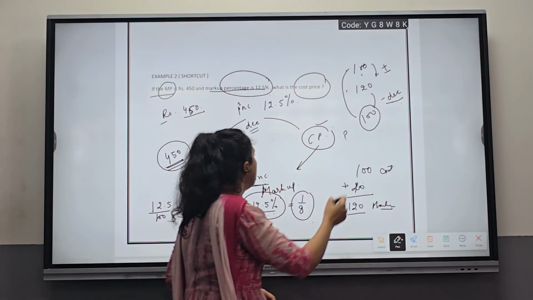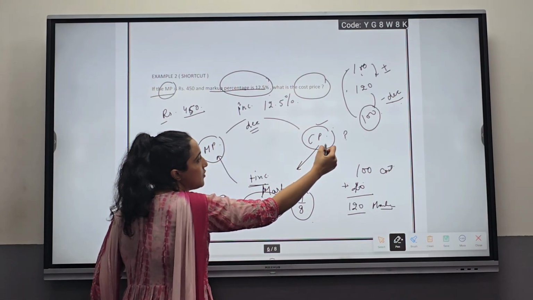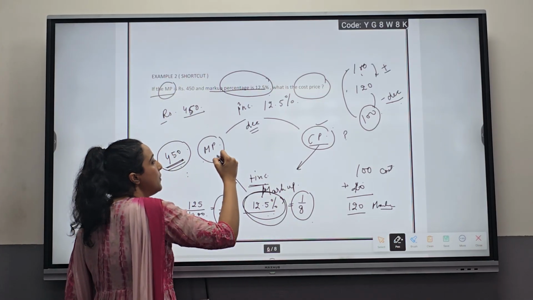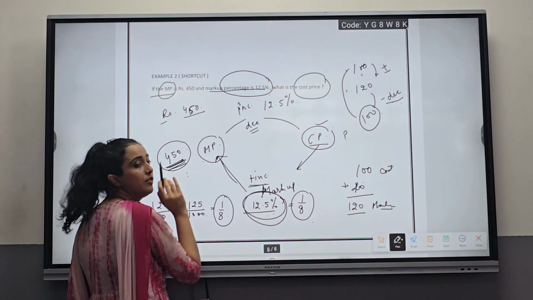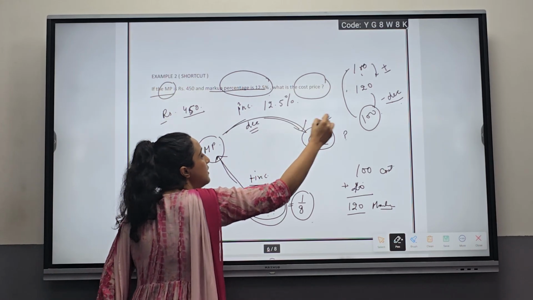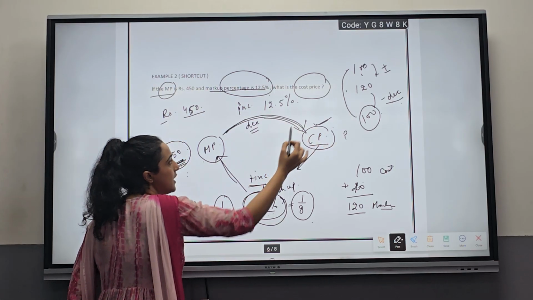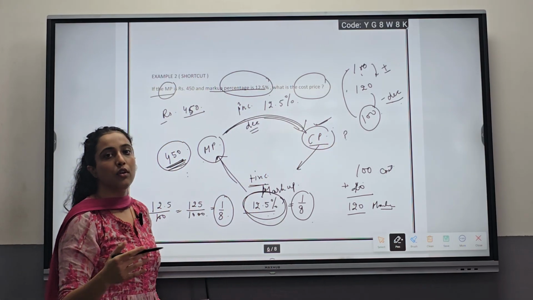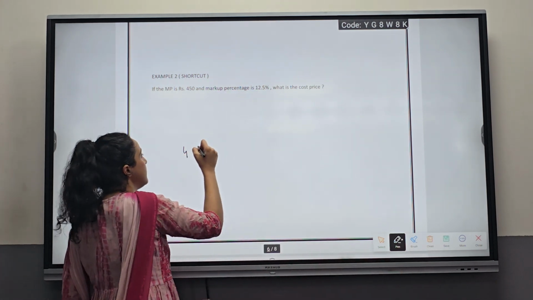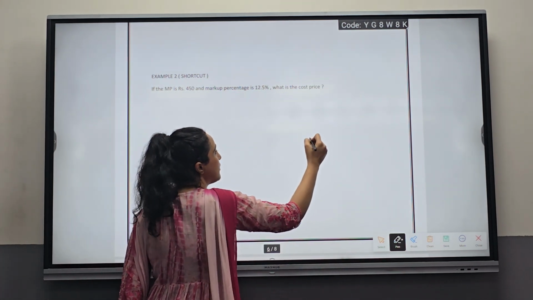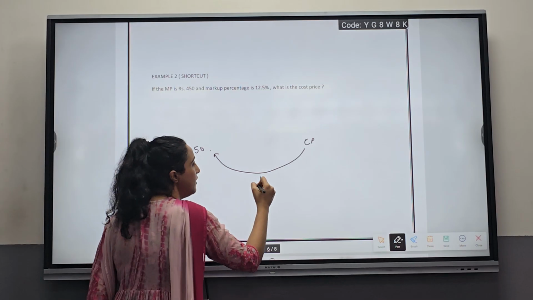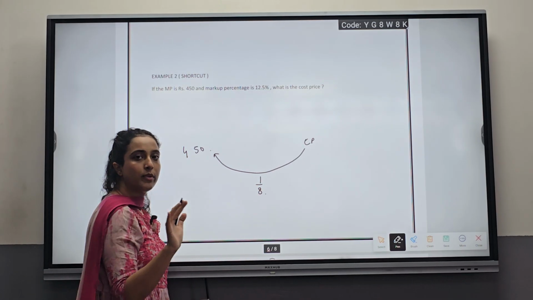Similarly here, you increased the cost price by 12.5%, so you came to this marked price which is 450. Now what is the cost price? You have to find this. So to go from the marked price to the cost price, by what amount will you reduce it? This is 450, this is the cost price. Until now we have found out that you have increased it by 1 by 8.